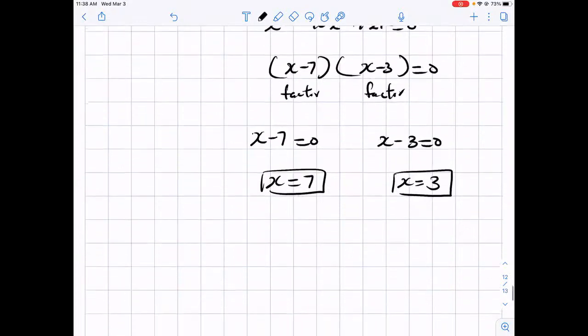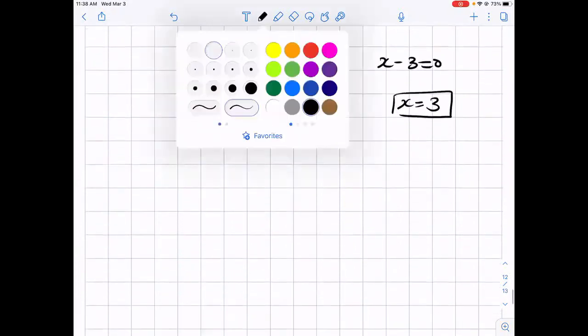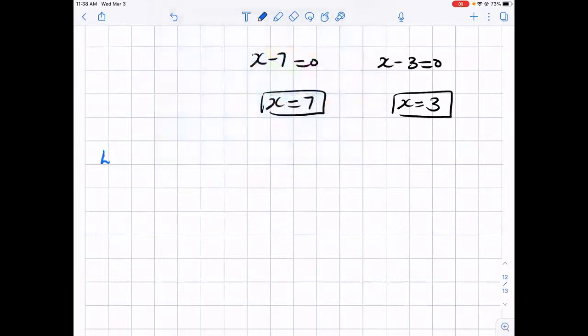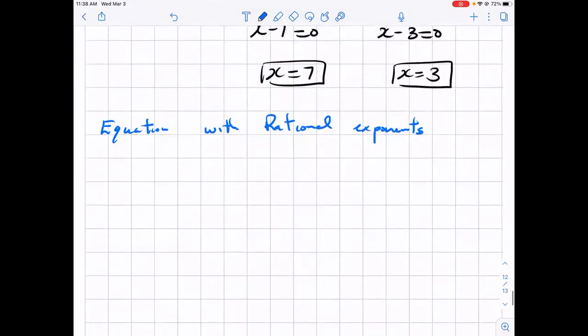We can also look at equations with rational exponents. For example, if we say to solve x minus 5 raised to the 3/2 power, and that is equal to 8.